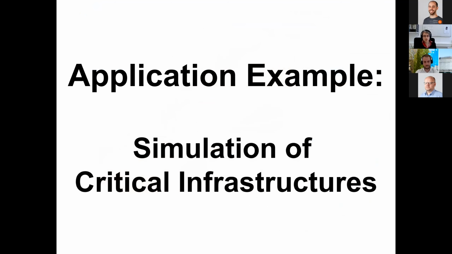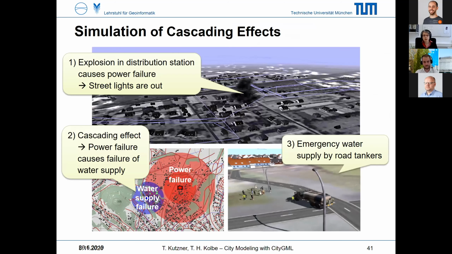Then another example is on simulating critical infrastructures. So we have an ADE called Utility Network ADE for representing supply infrastructures, and this can be used for simulating cascading effects between different infrastructures.